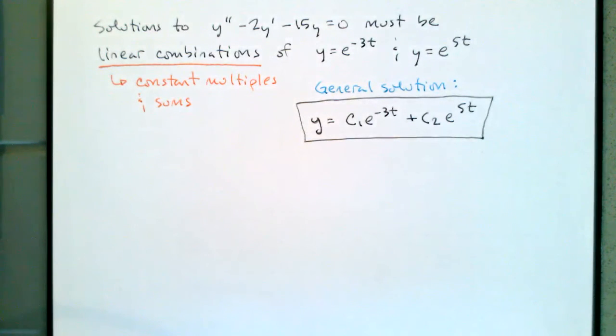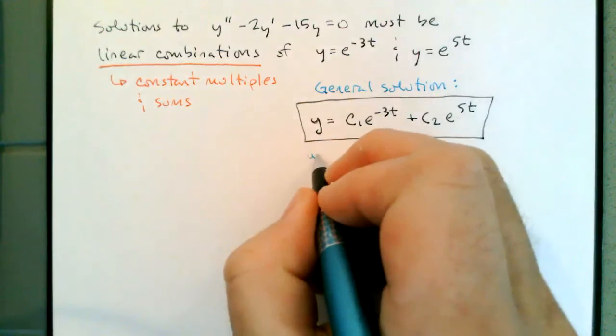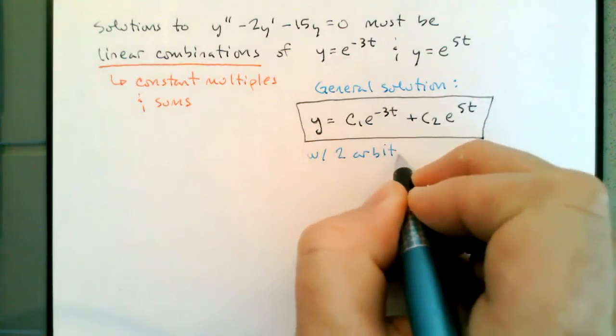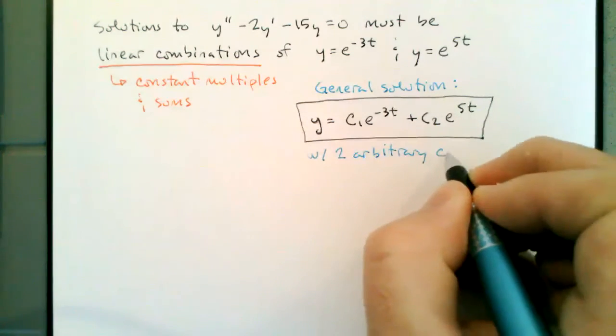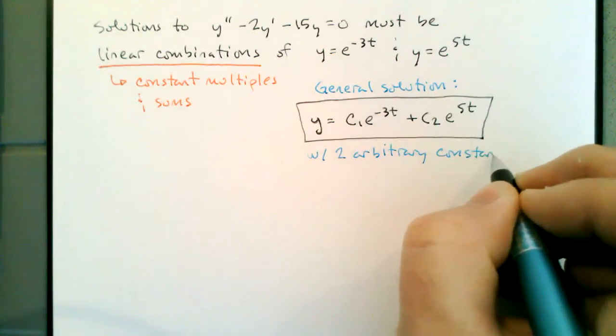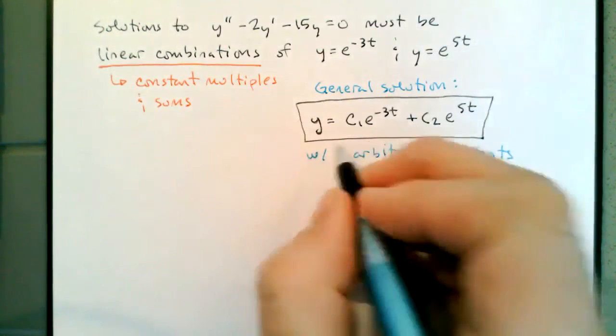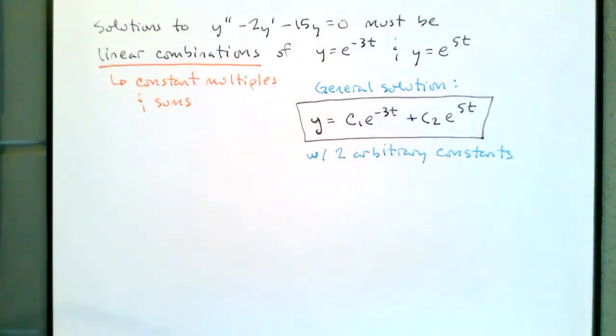And two linearly independent solutions. So our general solution, we have two arbitrary constants. We had a second order equation, we expected two arbitrary constants, and we got them.